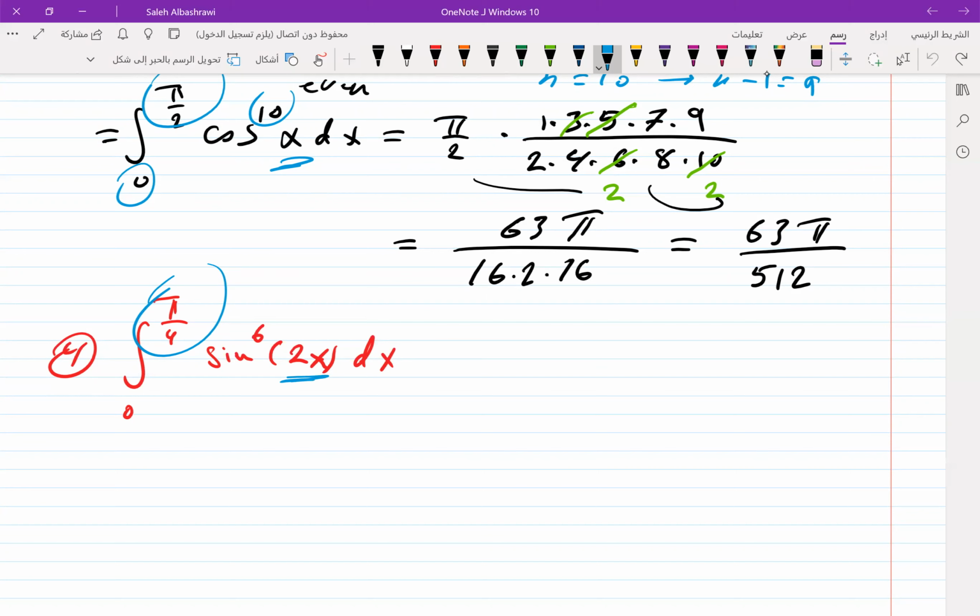What I have there is 2x. So let's try to integrate by substitution and see, can we convert this limit to 0 and pi over 2 or not? So if we do it by integration by substitution.